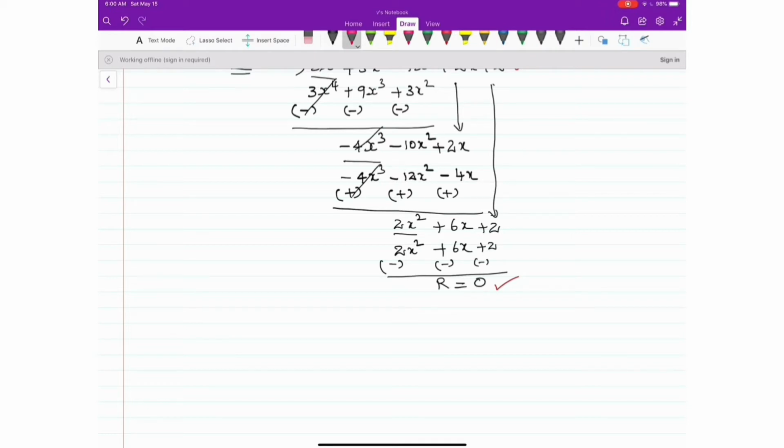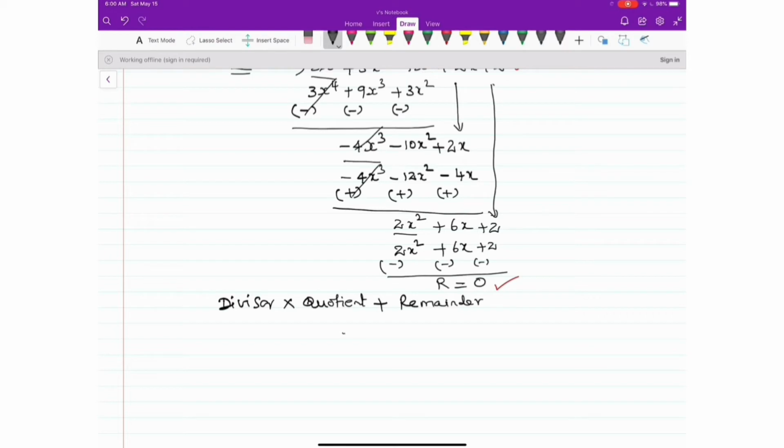Now let us see what happens to divisor into quotient plus remainder.